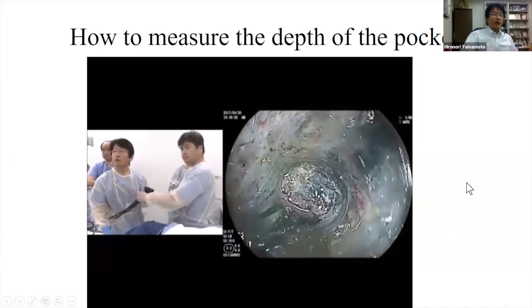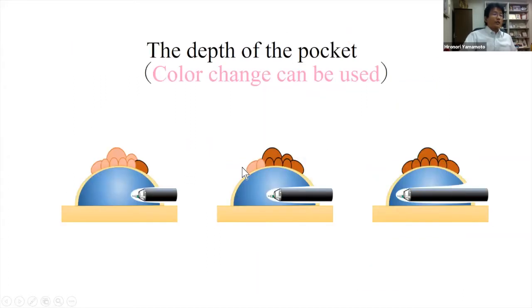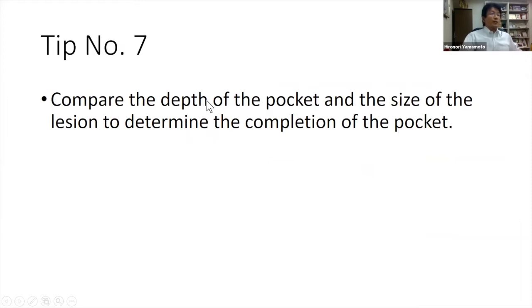In this way, I can measure the depth of the pocket and match the depth to the size of the lesion. And the color of the lesion changes where the pocket has been created. So this information is also useful. So compare the depth of the pocket and the size of the lesion to determine the completion of the pocket.